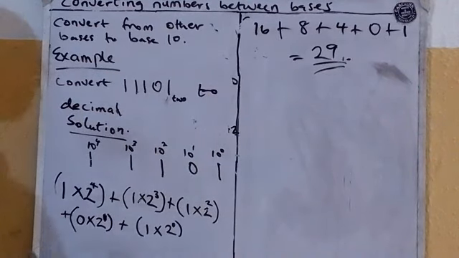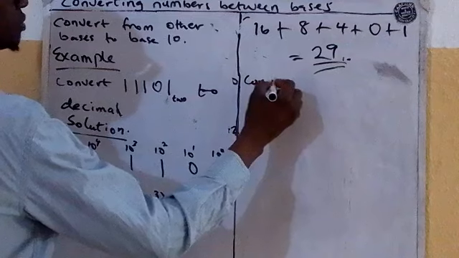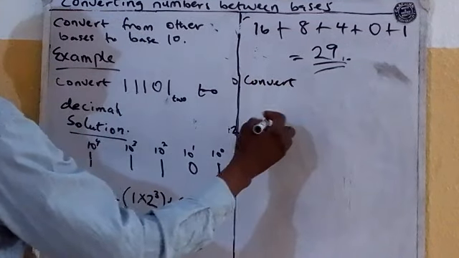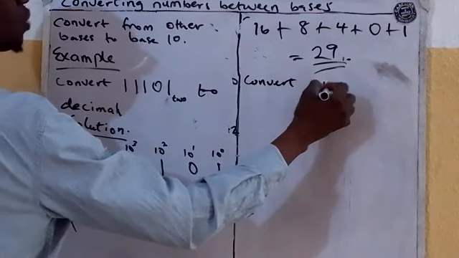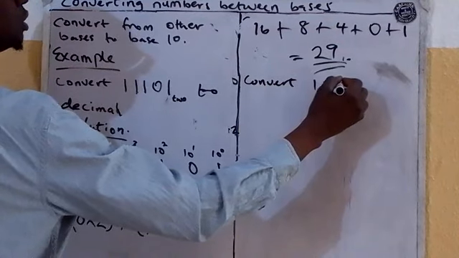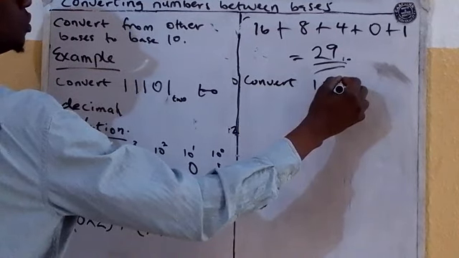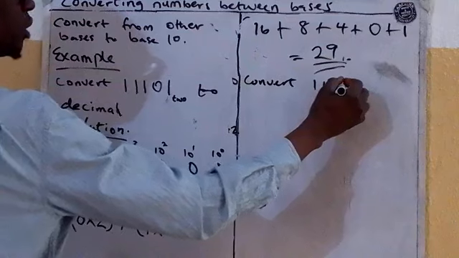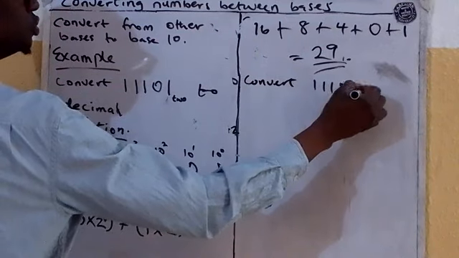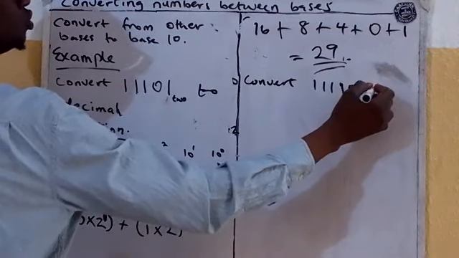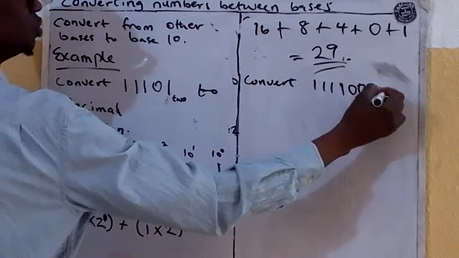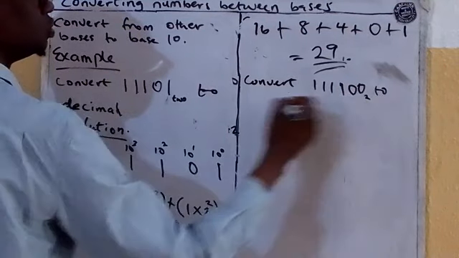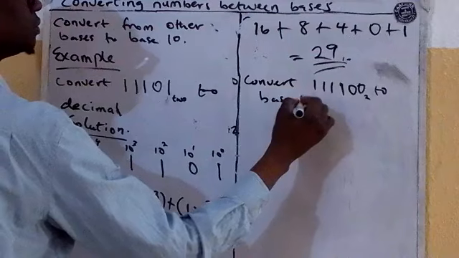Let's convert this one: 1, 1, 1, 1, 0, 0, from base 2 to base 10.